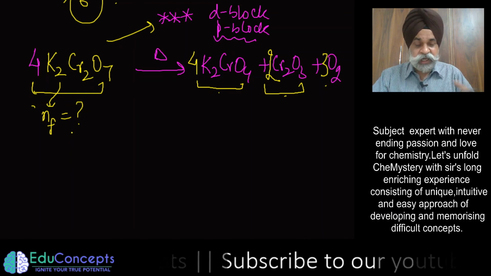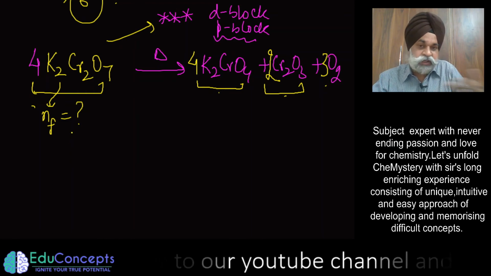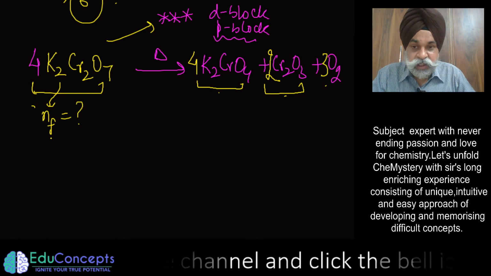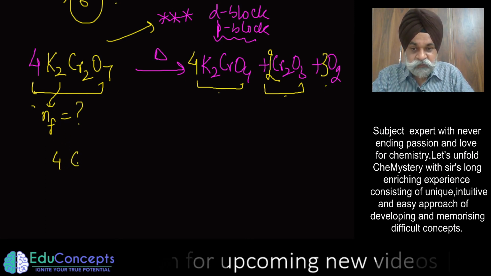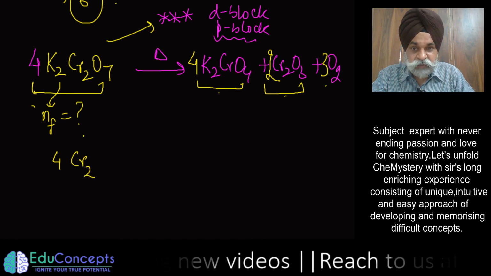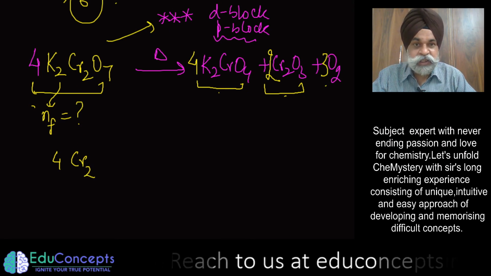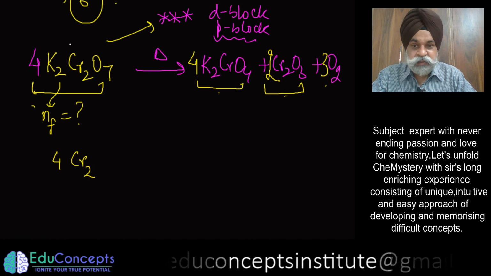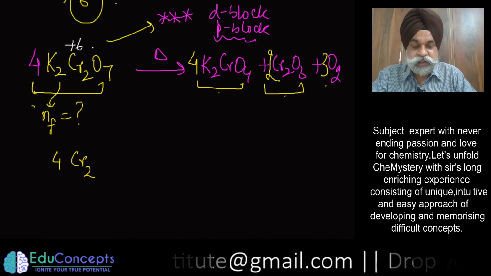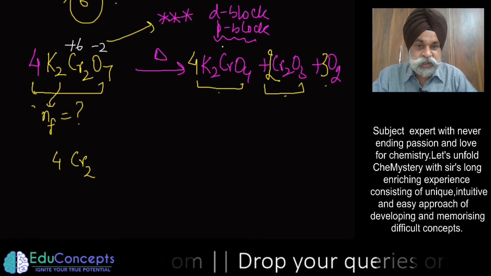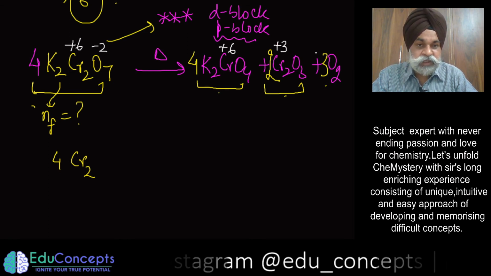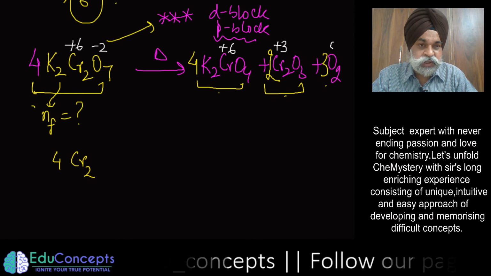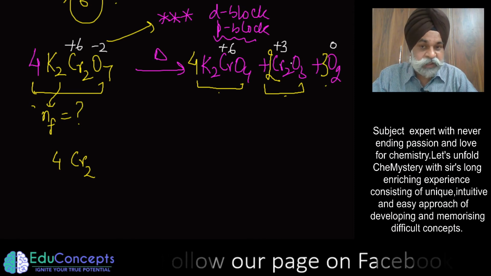Now we are interested to see the number of electrons exchanged. Let us break this: you have 8 chromium of +6, and this is -2. Here this chromium is in +6, here chromium is in +3, and this oxygen is in 0 oxidation state. Beautiful. Why is it beautiful?